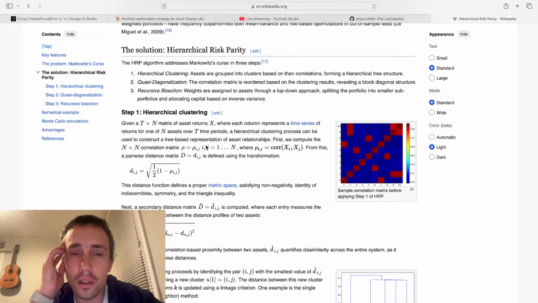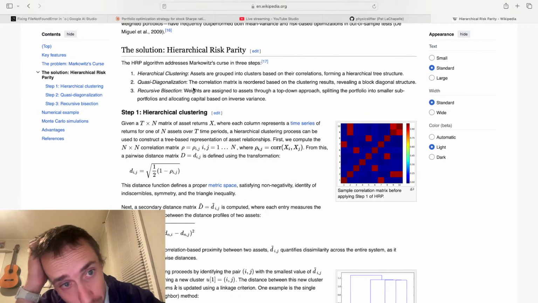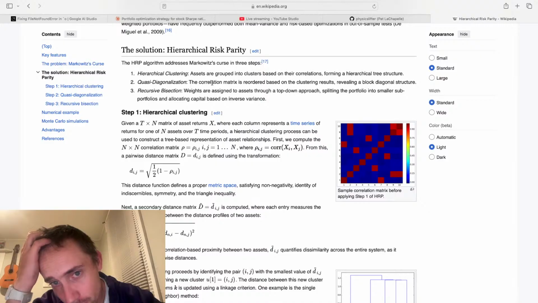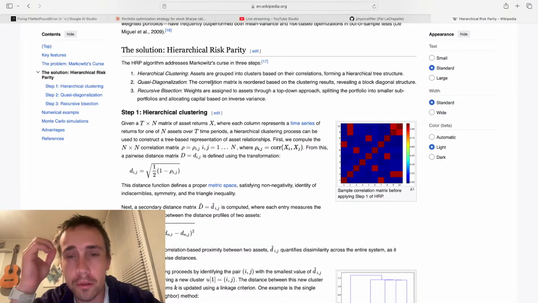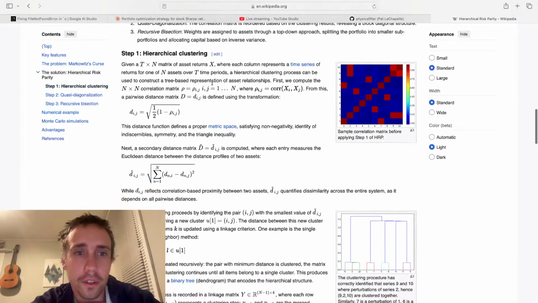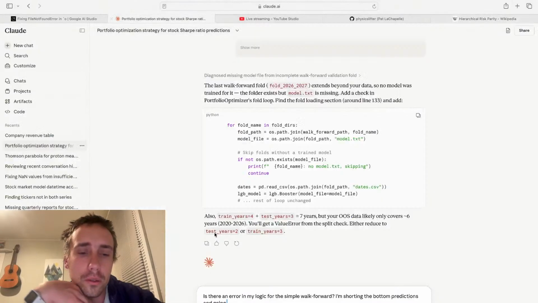Assets are grouped into clusters based on their correlations, forming a hierarchical tree structure. The correlation matrix is reordered based on the clustering results, revealing a block diagonal structure. Weights are assigned to assets through a top-down approach, splitting the portfolio into smaller subportfolios and allocating capital based on inverse variance. So how do I incorporate that?